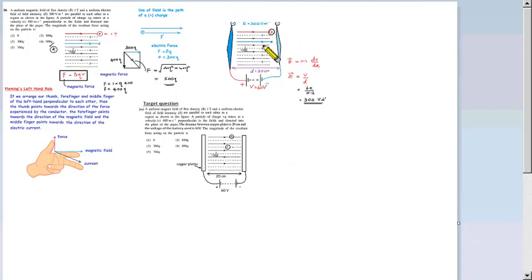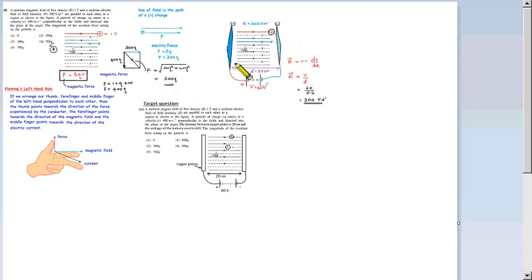So children, I think you are happy. I did a lot of things. Basically I explained how to solve this MCQ problem, and after that I reminded you what is Fleming's rule and how to arrange your fingers so that you can solve that problem, and also I gave these equations and I explained what these force lines are, and also how to solve this problem and get the answer using the Pythagoras theorem.